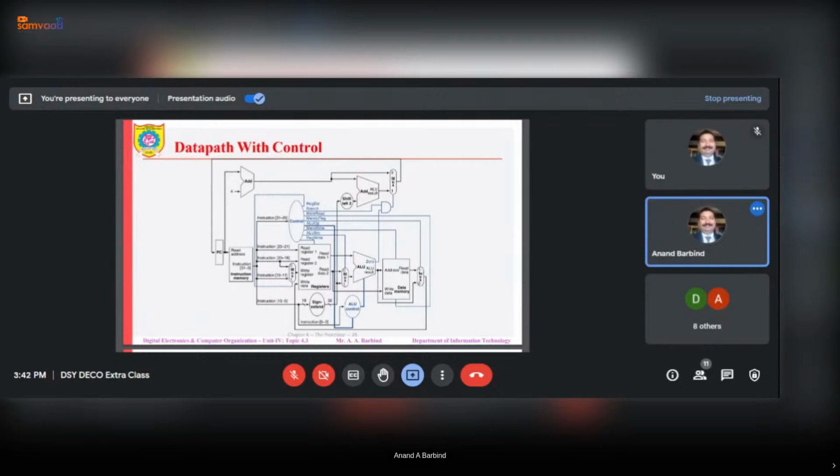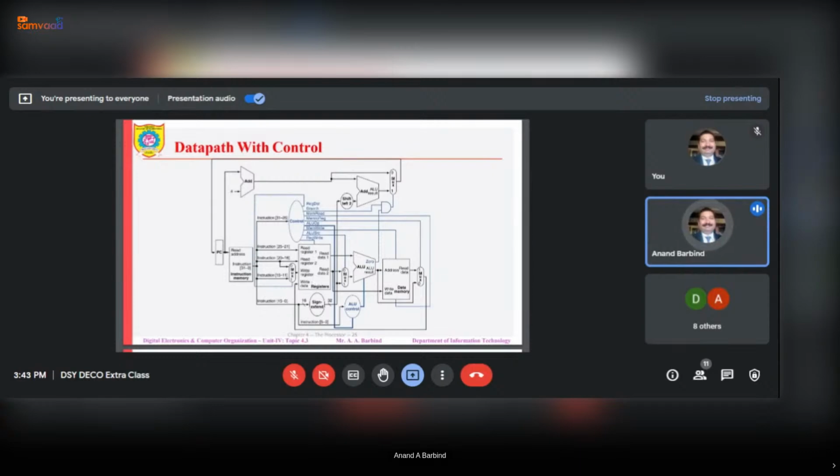You can see here the control unit gives the appropriate control signal to this multiplexer, and this bus goes to the write data input of the register, so data will be written into this register.